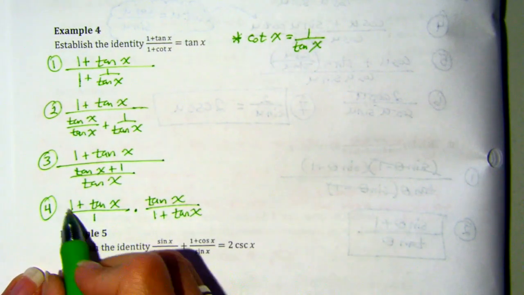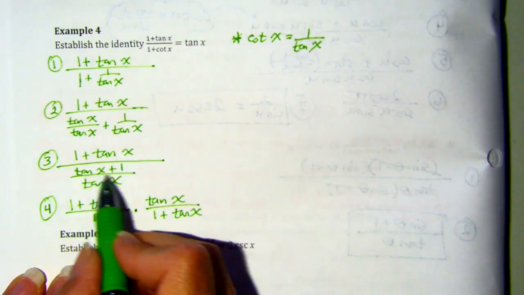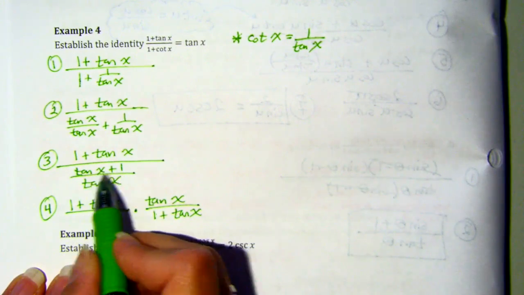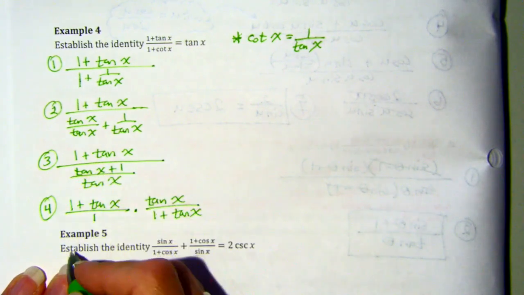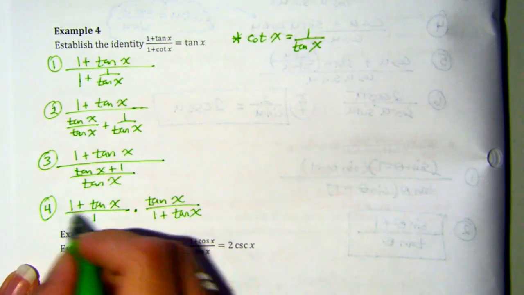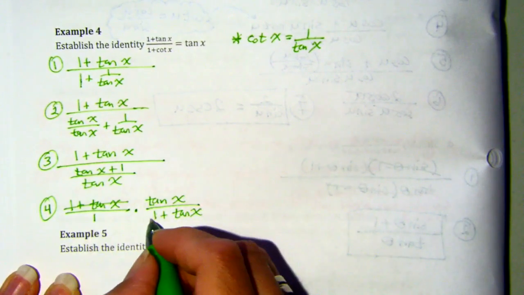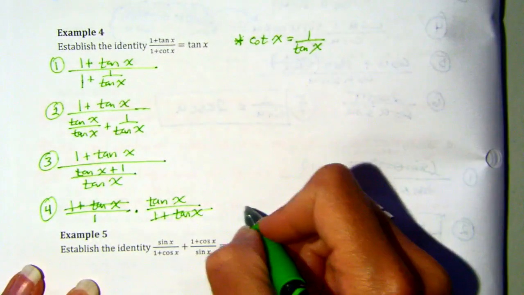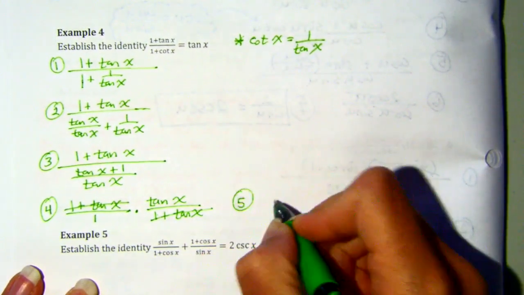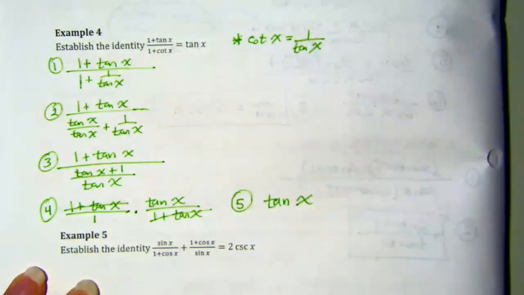Now notice, 1 plus the tangent of x and 1 plus the tangent of x. I switched it, we had it as tangent of x plus 1 up here, but remember addition is commutative. It can move around, and it still means the same thing. So if we were to multiply straight across, we have 1 plus the tangent of x on the top and the bottom, so those will cancel. And we are therefore left with the tangent of x, which is what we wanted to show.